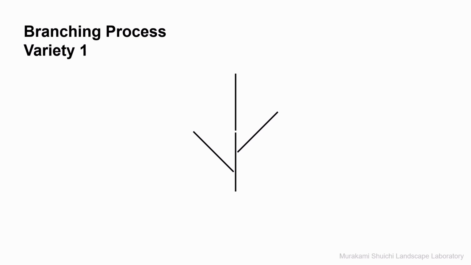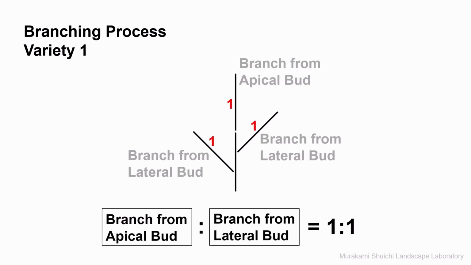To deepen our understanding, let's look at some variations in the branching process. First, focus on the differences in how branches extend. In this simple diagram, the branch that grows from the apical bud and the branch that grows from the lateral bud are the same length at 1:1 ratio.